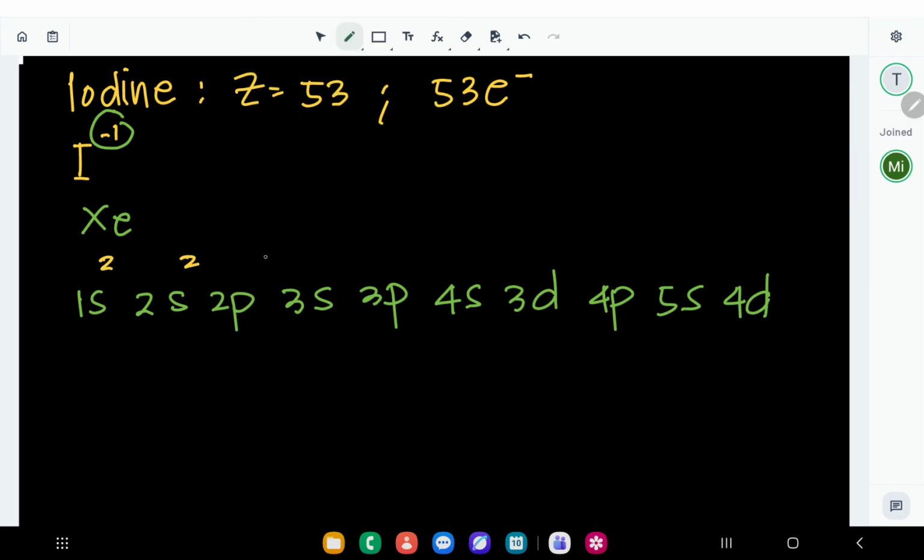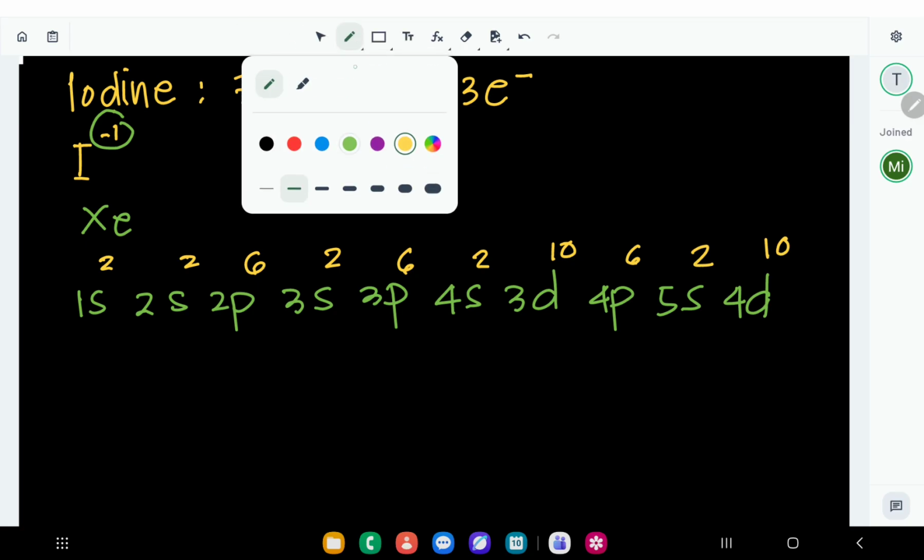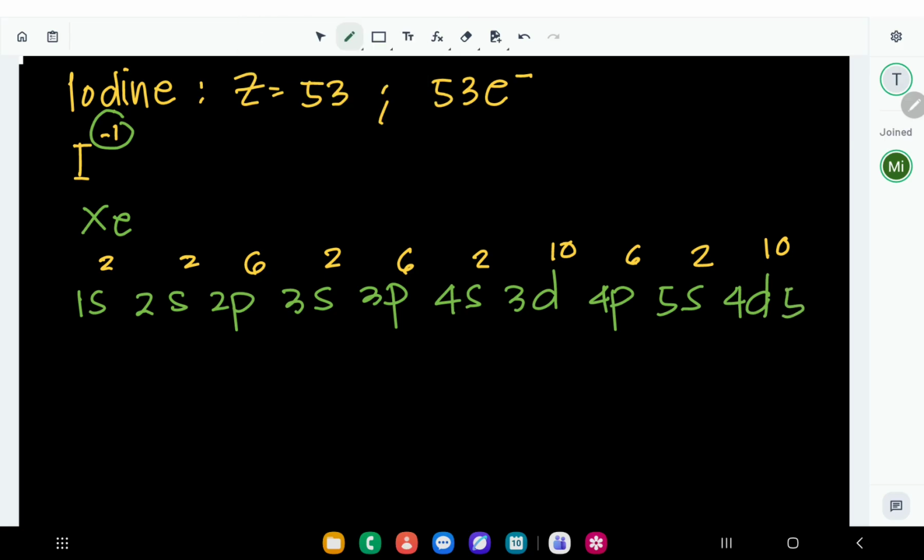So 2, 2, 6, that's 10, 12, 6, 14, 16, 10, 26, 32, 34, 44. So we still have 4d, 5p. Okay. Did we miss something? 1s, 2s, 2p, 3s, 3p, 4s, 3d, 4p, 5s, 4d, 5p.